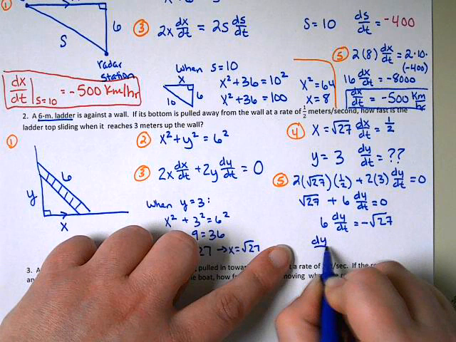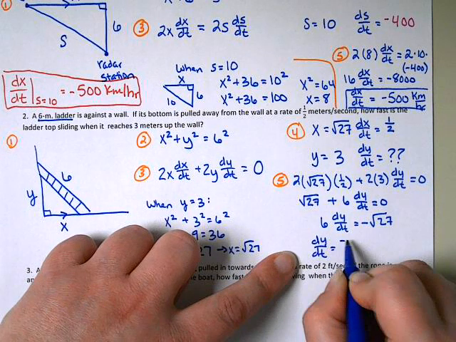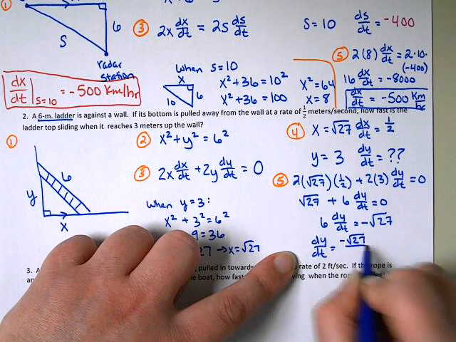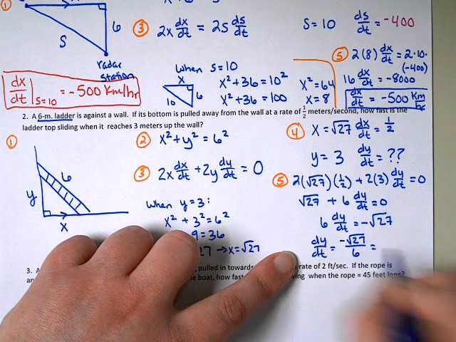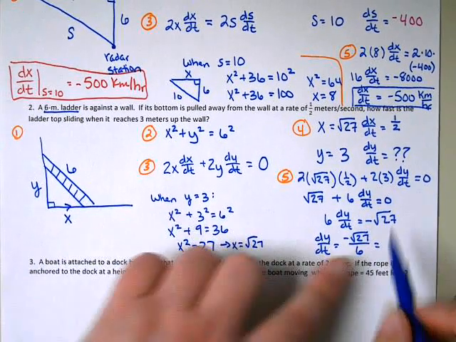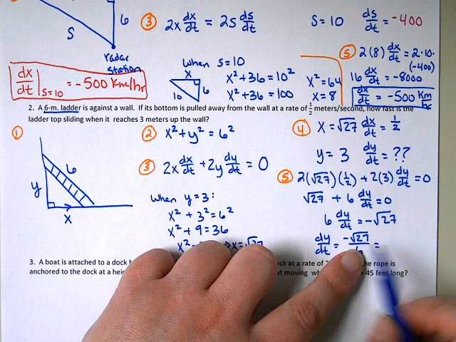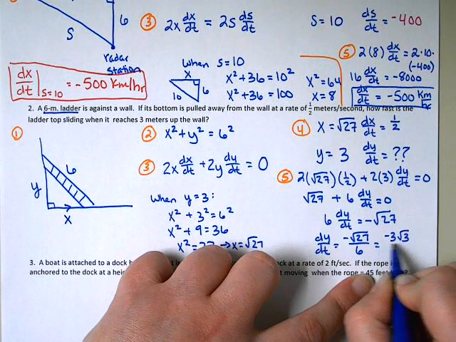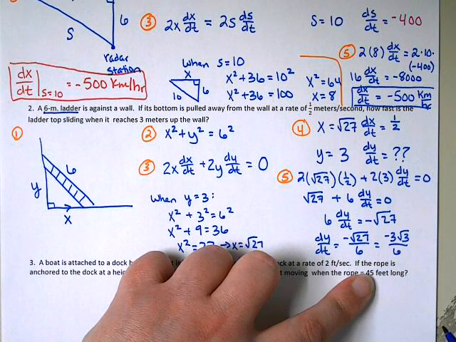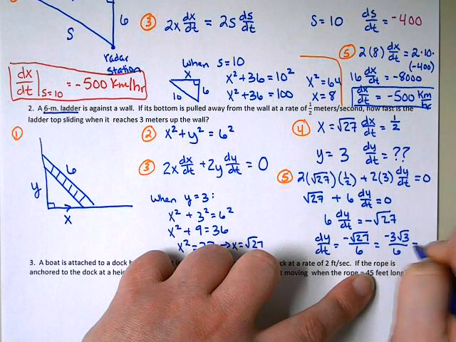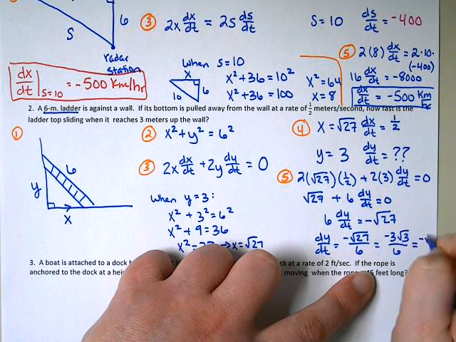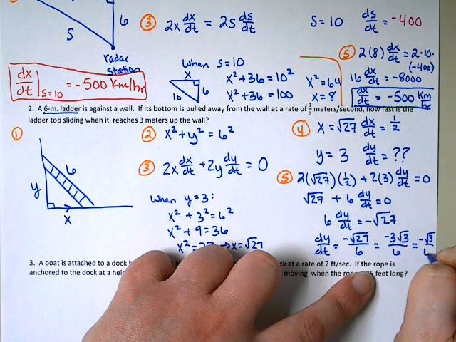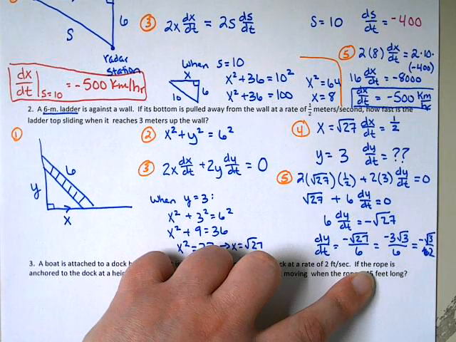And so I get dy/dt is equal to the negative square root of 27 over 6. And I can actually simplify this. The square root of 27 simplifies to 3 root 3 over 6. And so my final answer then is negative root 3 over 2.